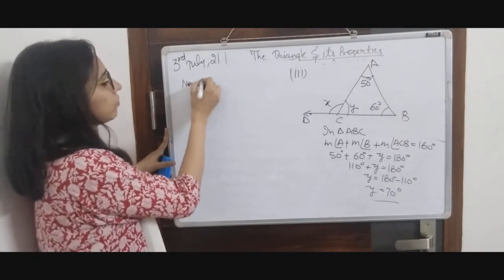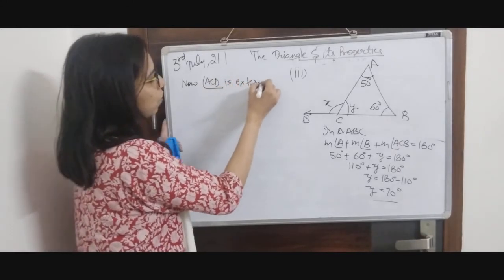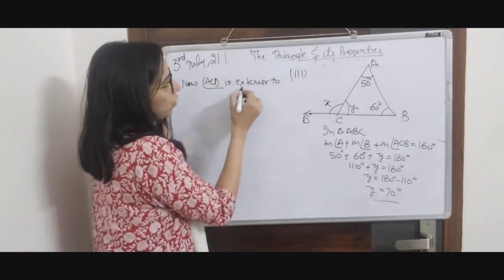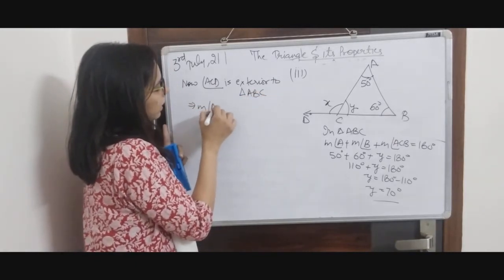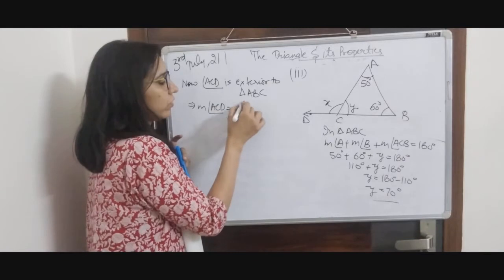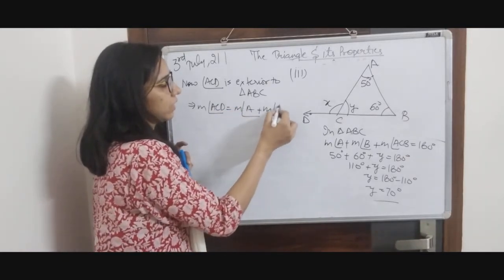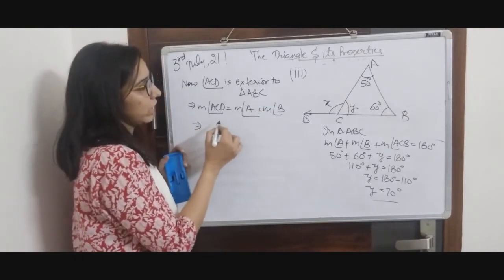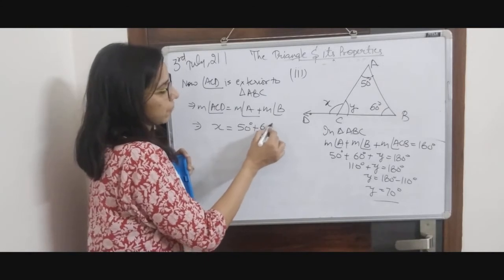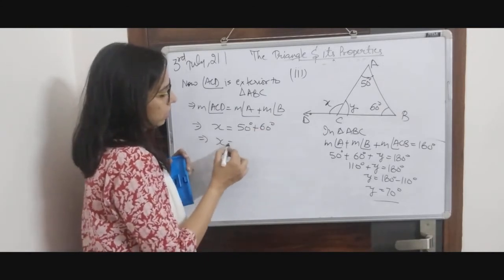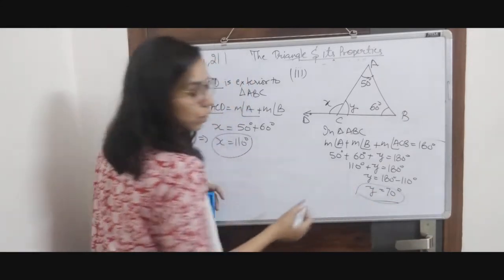Now angle ACD is exterior to triangle ABC, implies measure of angle ACD is going to be equal to the sum of the two interior opposite angles, that is A and B, implies your ACD, which is X, is going to be 50 plus 60, which will be 110. So this is your X and this was your Y.